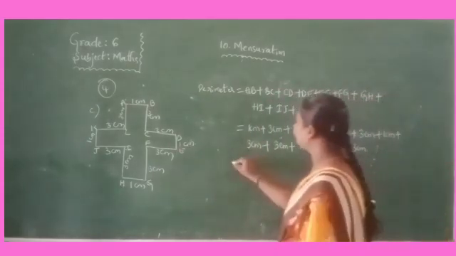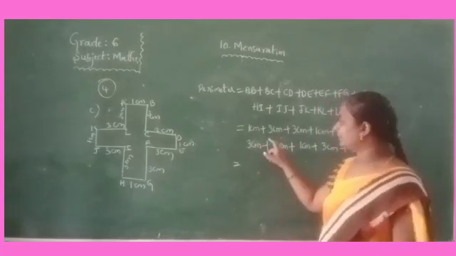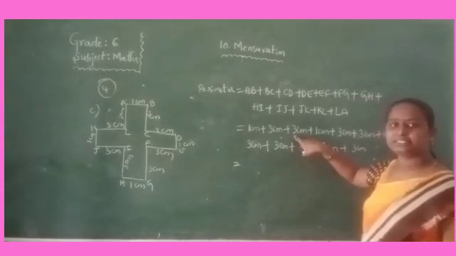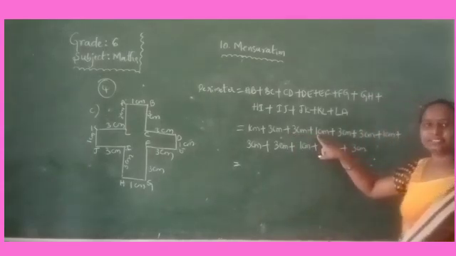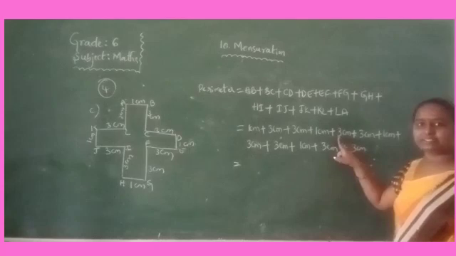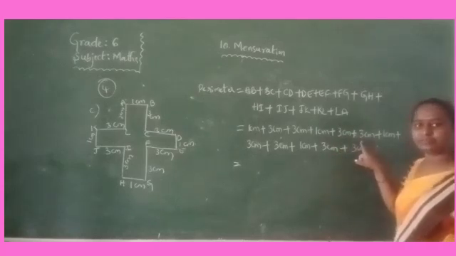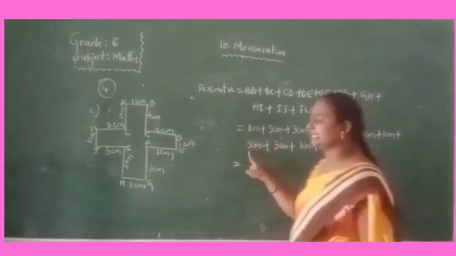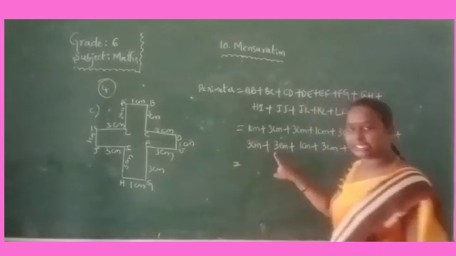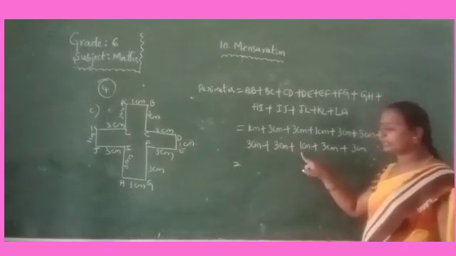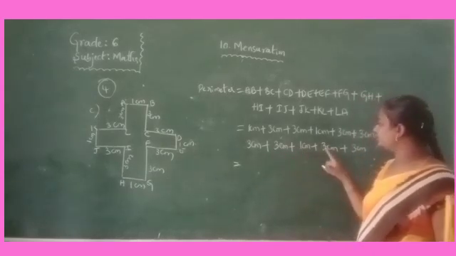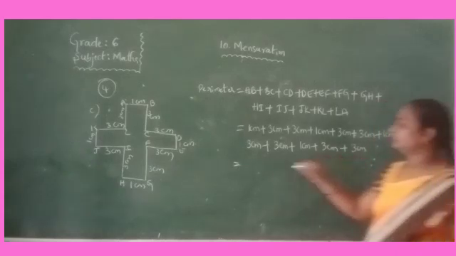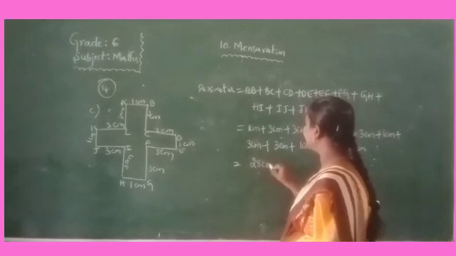Now we have to add. Plus means add. Now add 1 plus 3, 4. 4 plus 3, 7. 7 plus 1, 8. 8 plus 3, 11. 11 plus 3, 14. 14 plus 1, 15. 15 plus 3, 18. 18 plus 3, 21. 21 plus 1, 22. 22 plus 3, 25. 25 plus 3, that is 28 centimeters.